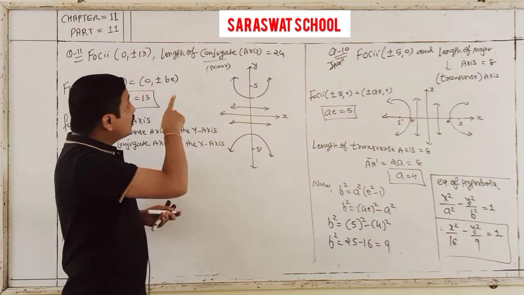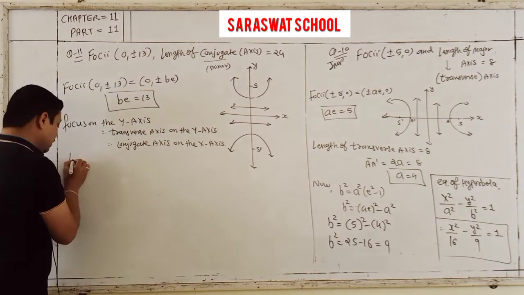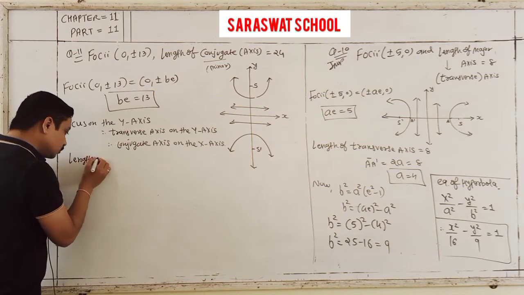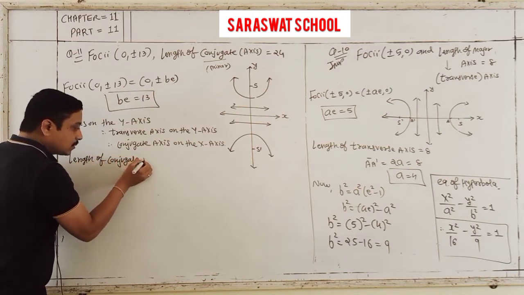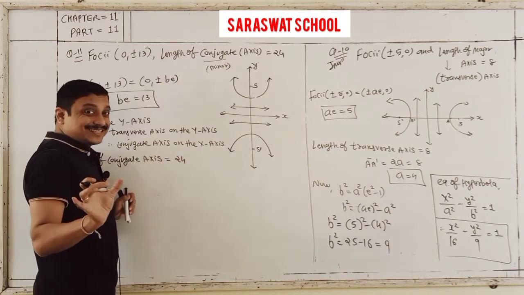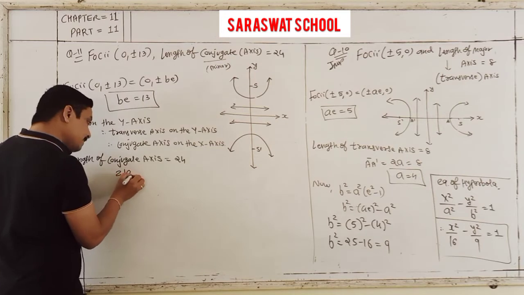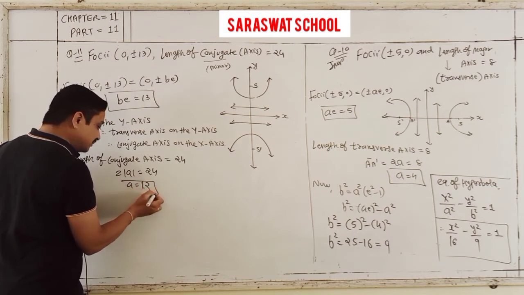Now given that the length of the conjugate axis is 24, the conjugate axis length 2 modulus a becomes 24, so a is 24 by 2, it becomes 12.